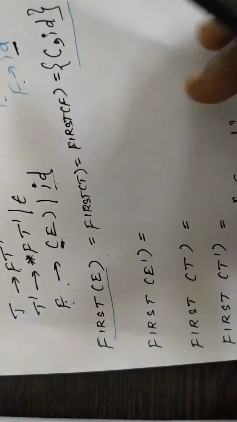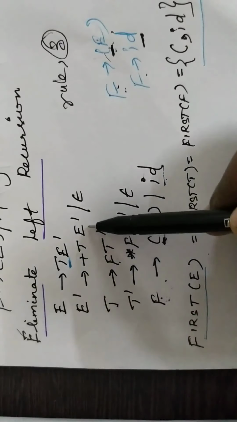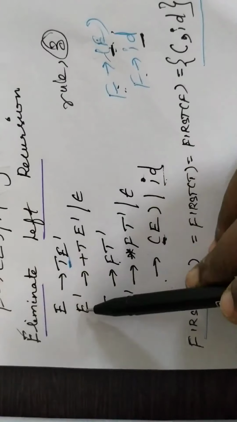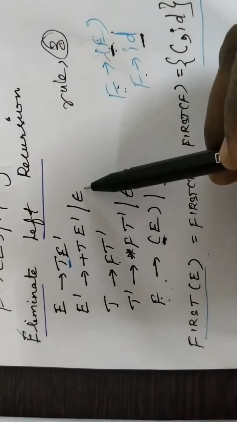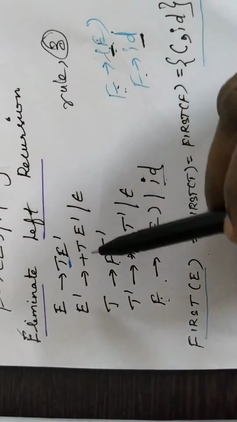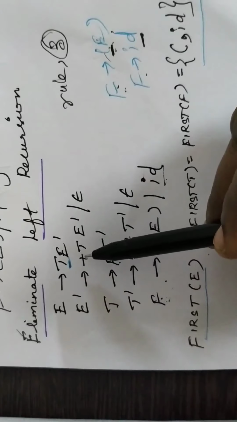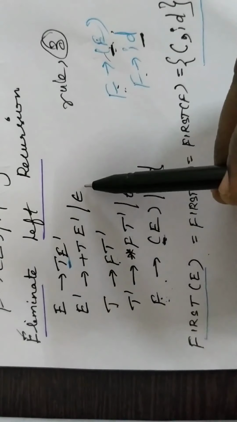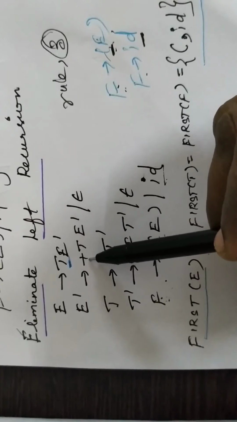Then first of E dash. Come to first of E dash. See the production. What is the first right hand side symbol? It has two productions. One is E dash tends to plus T E dash. Another is E dash tends to epsilon. We have to include both, because it has two productions, as well as the first symbol of each. E dash tends to plus T E dash.